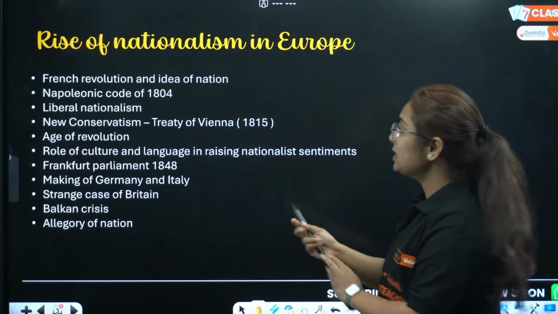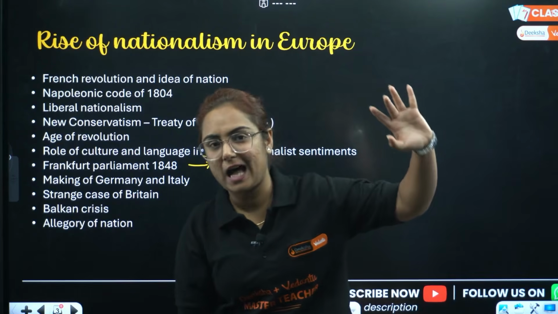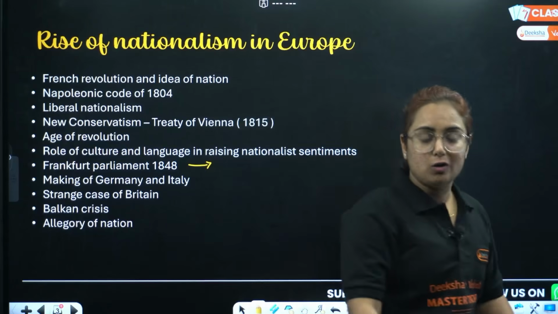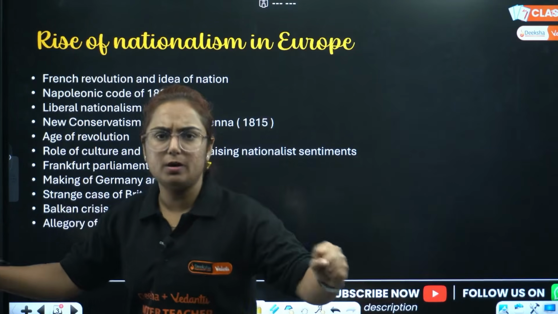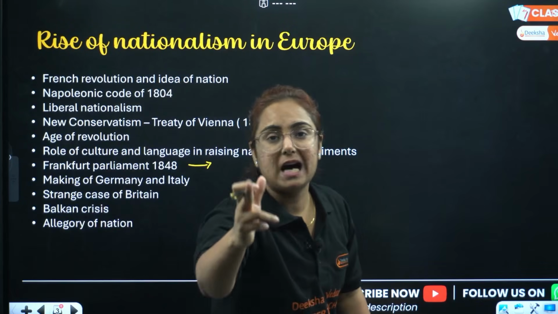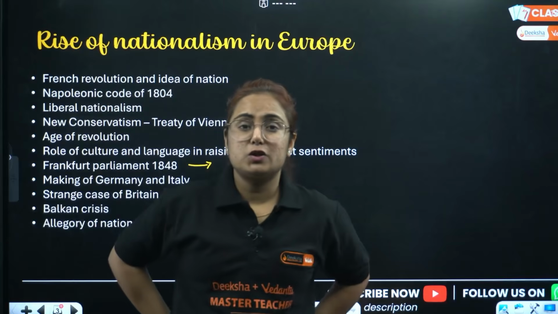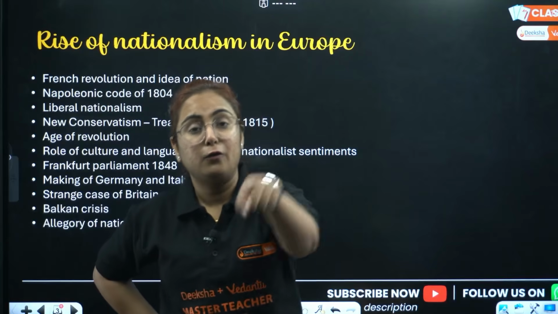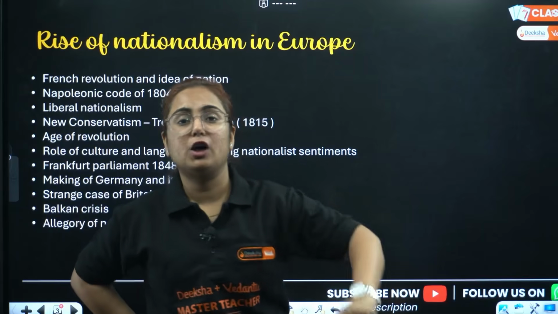Okay, now coming to the Frankfurt Parliament 1848, a very crazy incident that happened in Germany. All those middle class German people who wanted liberty came together and demanded a constitutional monarchy. What is the objective of the Frankfurt Parliament? My dear students, the objective is to form a constitutional monarchy in all these united German nations.